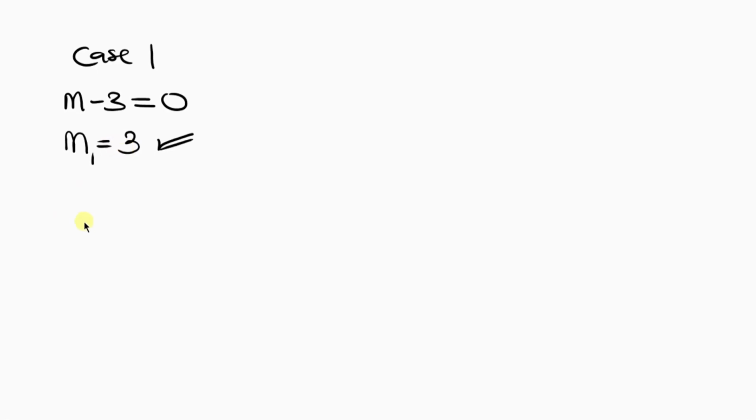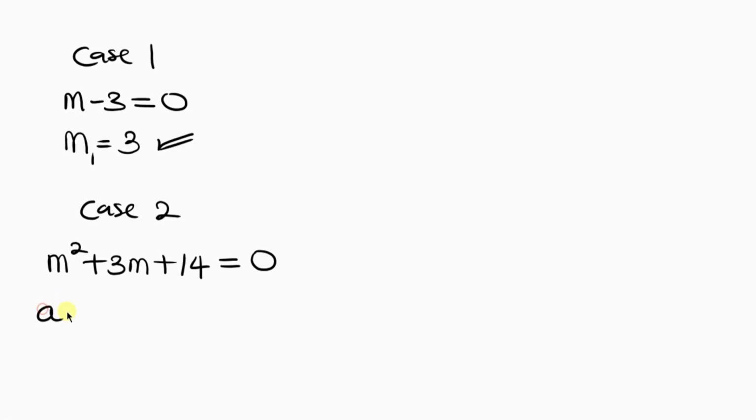Very good. Now let's move on to case 2. For case 2, we have m squared plus 3m plus 14 equal to 0. When we're looking at this quadratic equation, it cannot be factorized. And because of that, we're going to be using the quadratic formula to solve this.